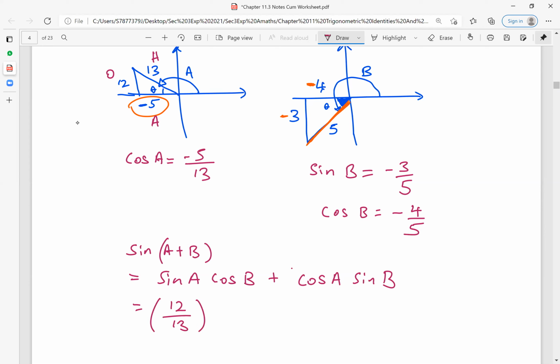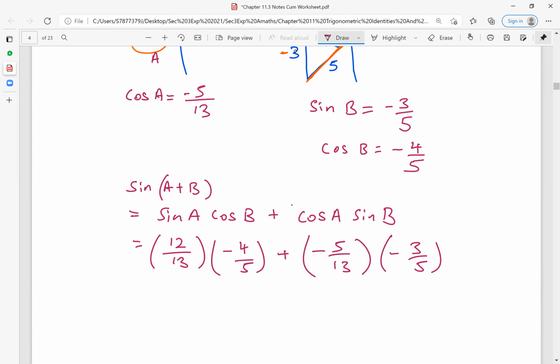Cosine B is negative 4 over 5. Okay. We have cosine A negative 5 over 13. And sine B is negative 3 over 5.